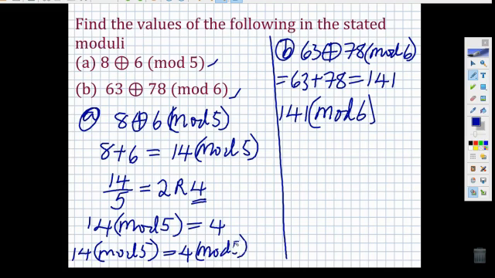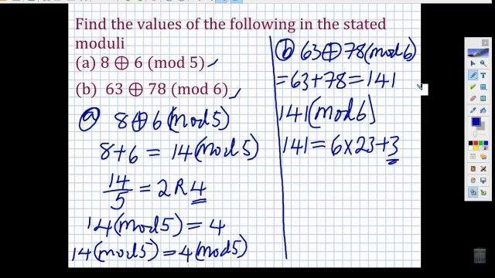To find this, we are looking for a number to represent 141 in modulo 6. We can look at 6 multiplied by 23 plus 3. 6 multiplied by 23 plus 3 gives us 141. So the remainder here is 3.